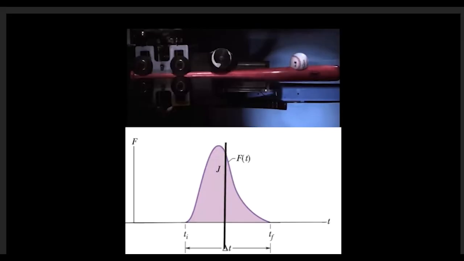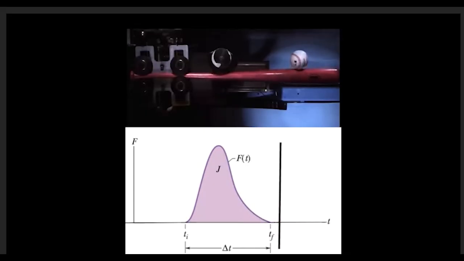And then as the ball begins to leave the bat and the deformity of the ball becomes less, the force acting on the ball decreases until, of course, it leaves the bat altogether, and that's when the force on the ball returns to zero.